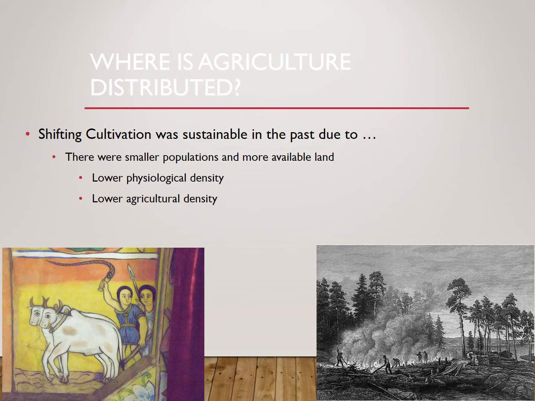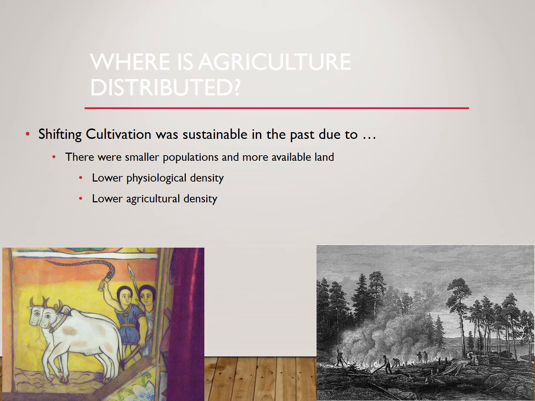In the past, there were smaller populations everywhere, and that means more available land. There was low physiological density, which again is comparing the number of people to arable land, and low agricultural density, which is comparing the number of farmers to arable land.